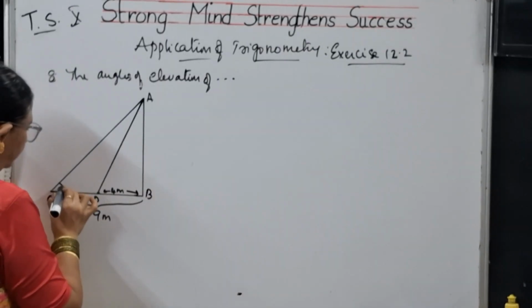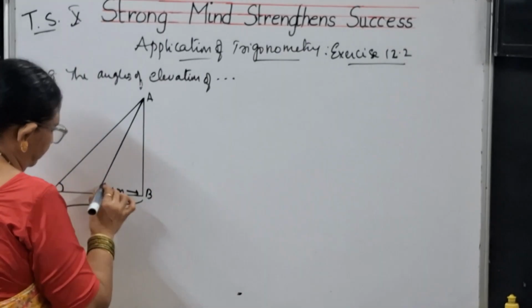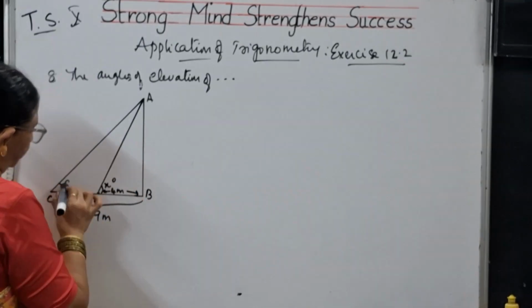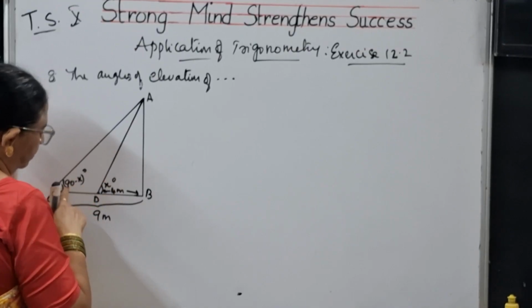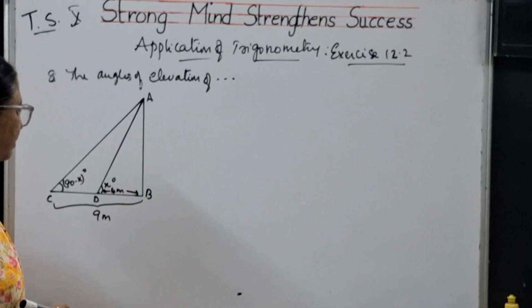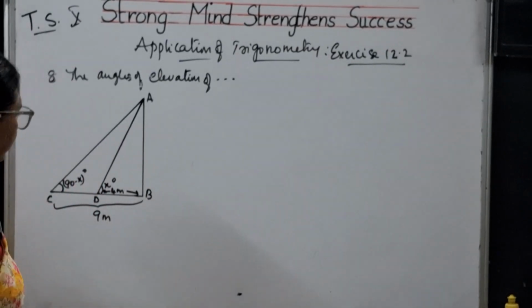Let me consider this as x degrees. Then this becomes 90 minus x degrees because the sum of these two is 90 degrees. Complementary, they said. So if it is x, this is 90 minus x.